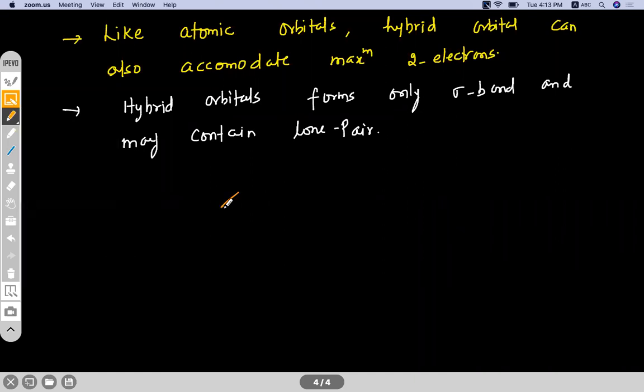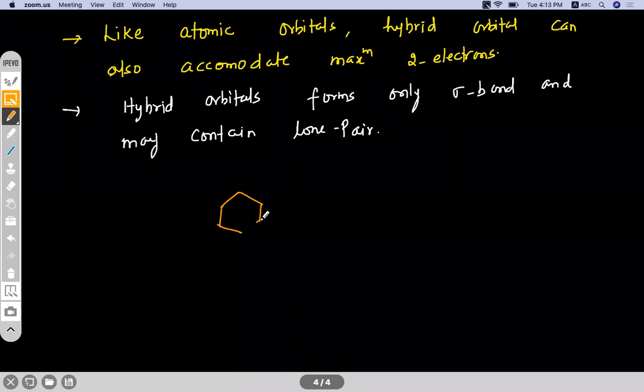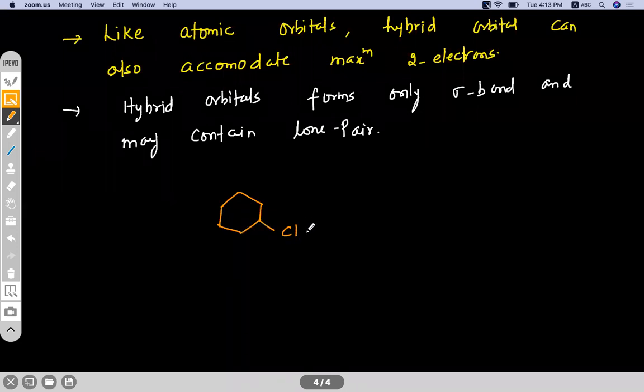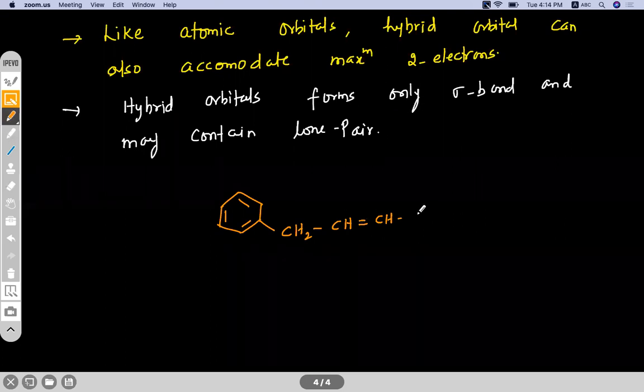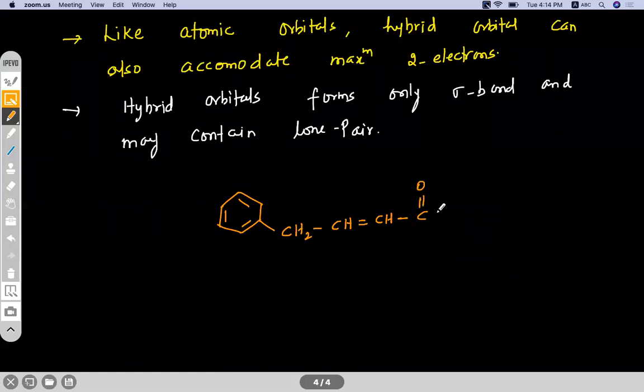If you look at this structure and I find out the hybridization of each carbon atom here, if you remember I told you that we just need to count the number of sigma bonds and lone pairs.